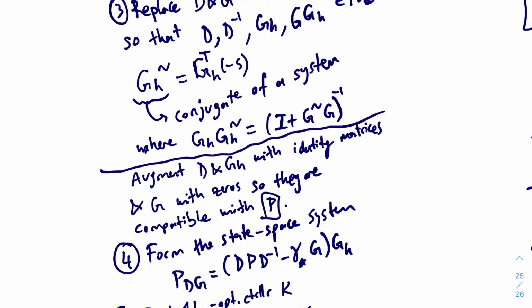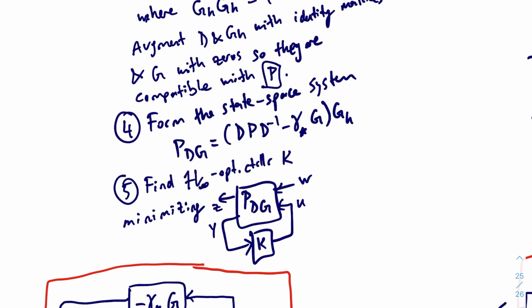Let me draw a line here and augment D and GH with identity matrices. It's not hard: D and G, just identity, for the dimensional agreement with the P. In addition to that, augment G with zeros, so they're compatible with D. Again there is a similarity to DK iteration.